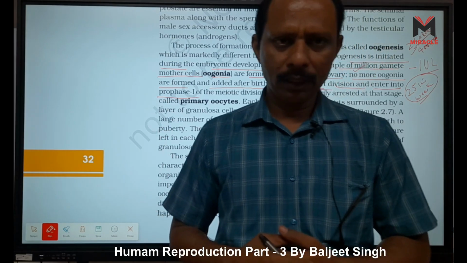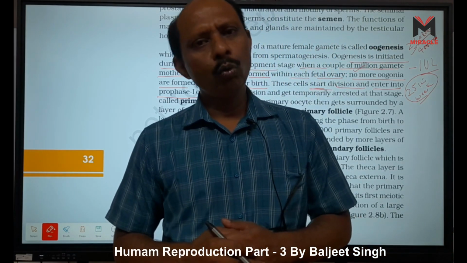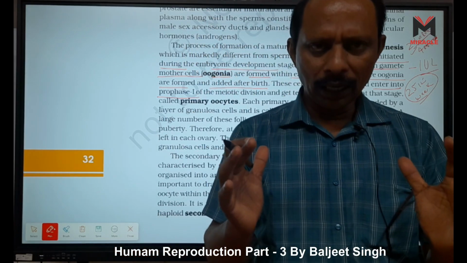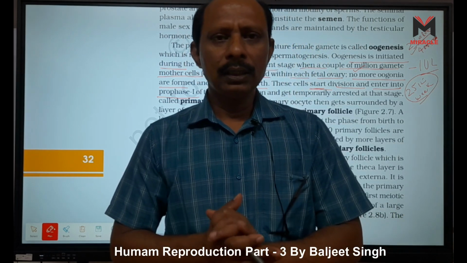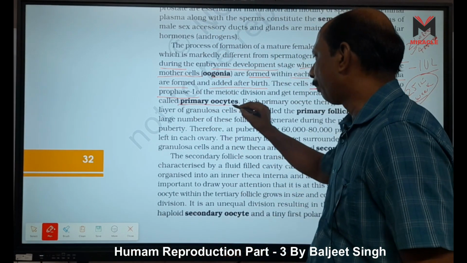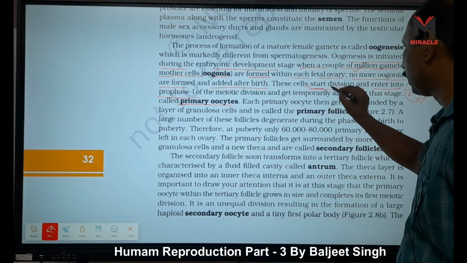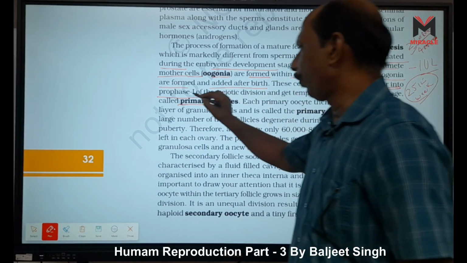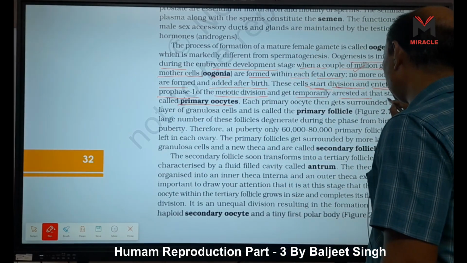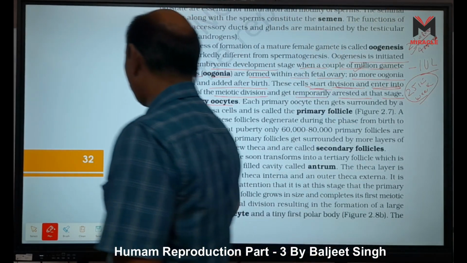Spermatogonia are formed. In females, oogonia are formed, right? Now oogonia store food and become large, and they enter into meiosis, they are called primary oocytes. The cell starts division and enters into prophase first of the meiotic division and gets temporarily arrested at that stage, and this is called primary oocyte.